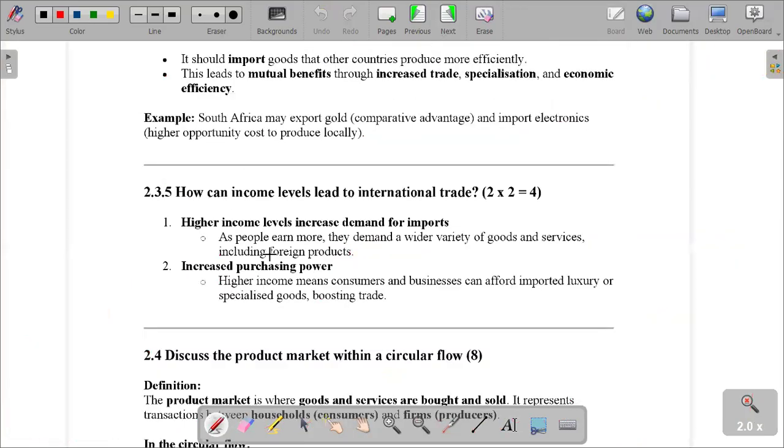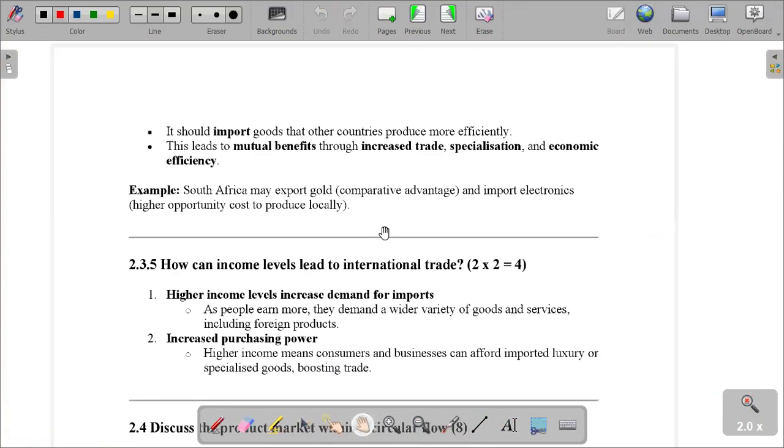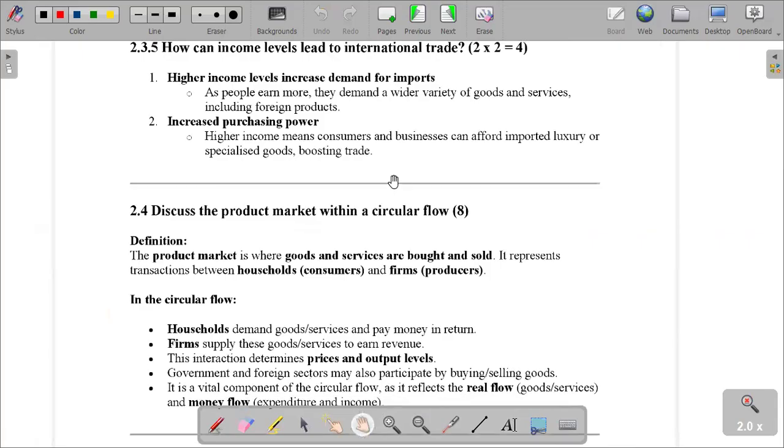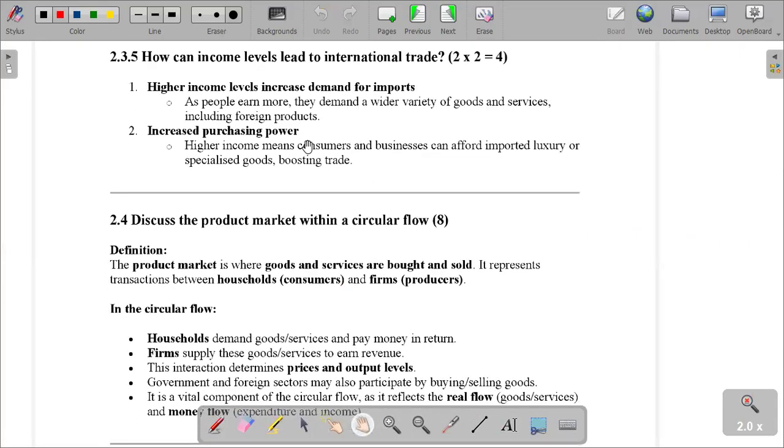So let's get into that. How can income levels lead to international trade? So number one, if there are higher income levels, it increases demand for imports, rather, asking for more products.